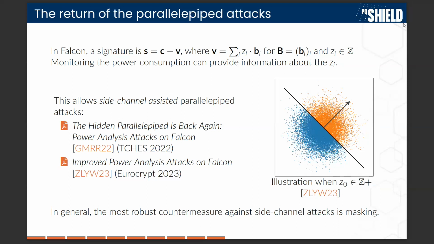And then a second work at Eurocrypt a week or two ago showed that you can get enough information if you know whether one of these coefficients, Z0, is positive or negative. It tells you which side of this half space it lies on, and that's enough information to mount a parallelepiped attack as well.